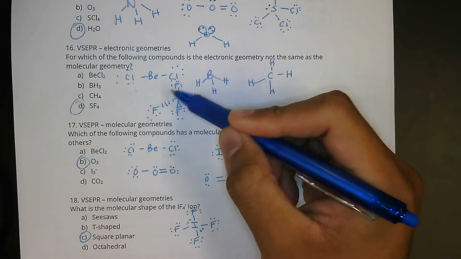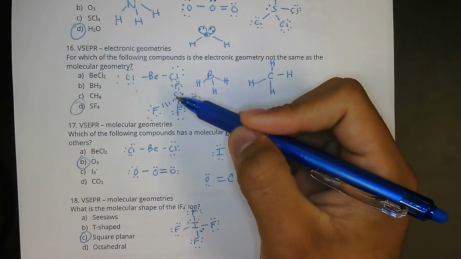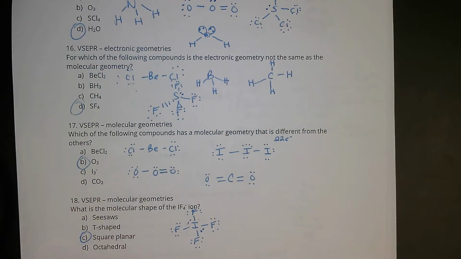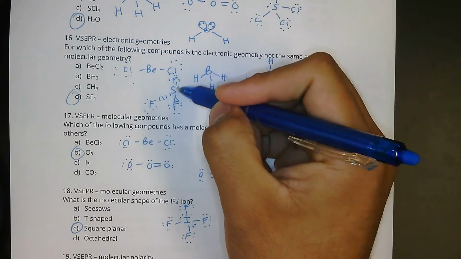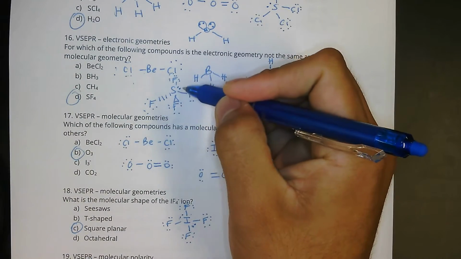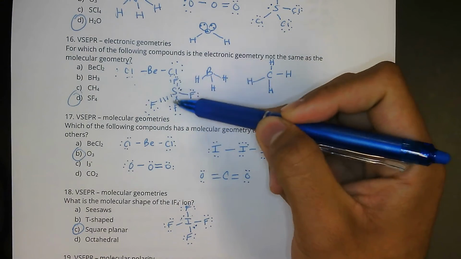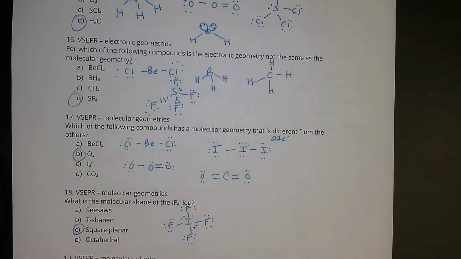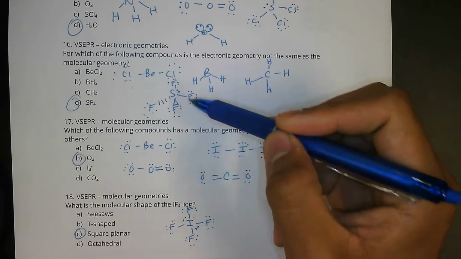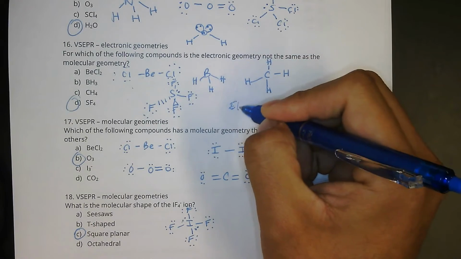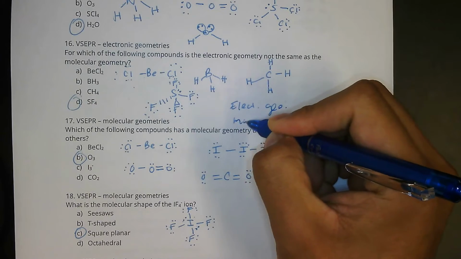Each fluorine has its valence electrons, total of 7 because it's in group 7, but the sulfur is able to contribute a total of 6 valence electrons because it's in group 6. So each bond contributes 1, that's a total of 4, and so we need 1 lone pair. If you see this one, sulfur tetrafluoride is the only one that has a lone pair as opposed to these other ones. So it's the only one whose electronic geometry is going to be different than the molecular geometry.